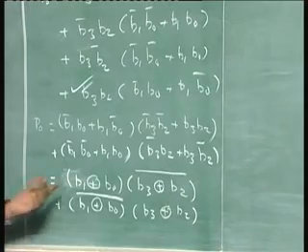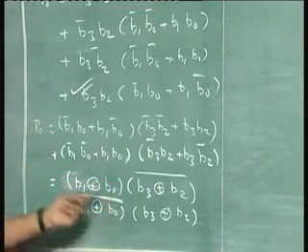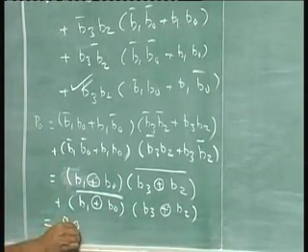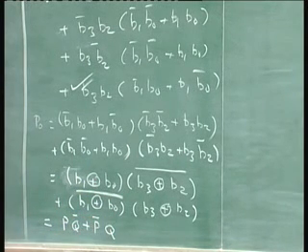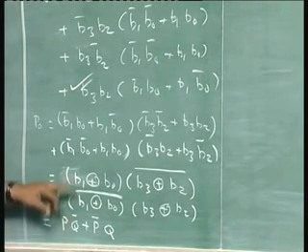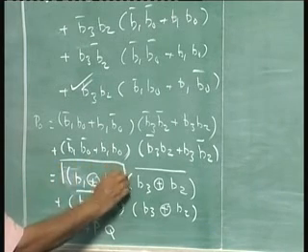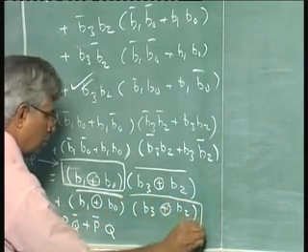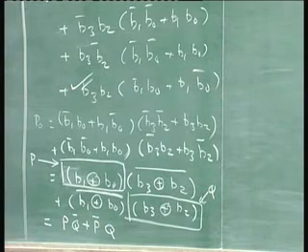Now, if you call this B1 exclusive OR B0 as P, and this is Q, same as P Q bar or P bar Q, where P is B1 exclusive OR B0, Q is B3 exclusive OR B2, right? P is this, and Q is this. Just identify them, just for sake of identification.